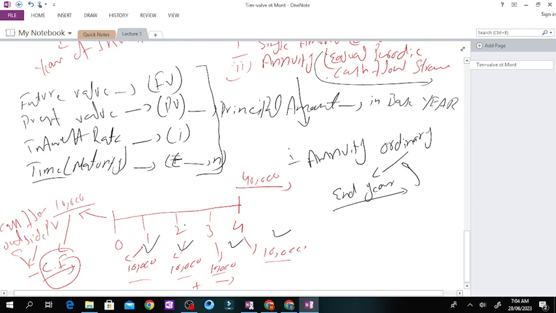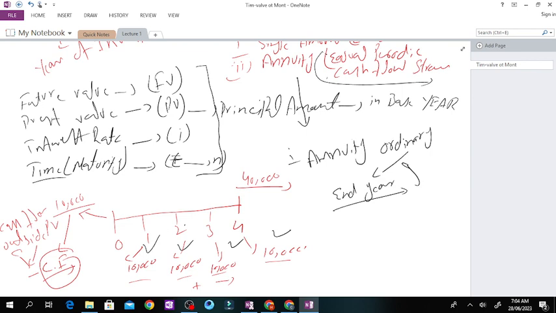For example, you serve a company, and at the end of the month they give you a salary. That salary becomes part of an ordinary annuity.